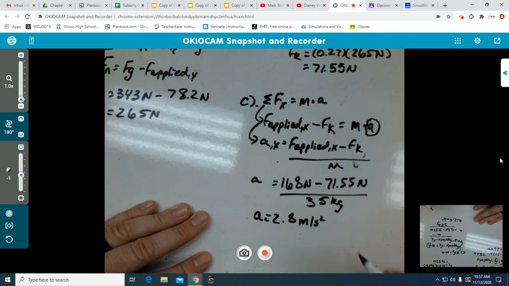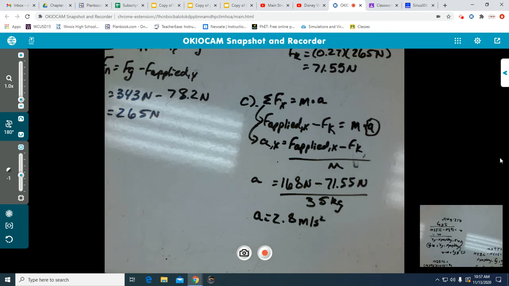Now, because acceleration is a vector, we have to provide a direction. The problem says down the aisle. We often hear down the aisle a lot of times, but when we say down the aisle, it is not saying that down is the vector direction. It's just saying it went to the other end of the aisle. There are a couple of things you could write.